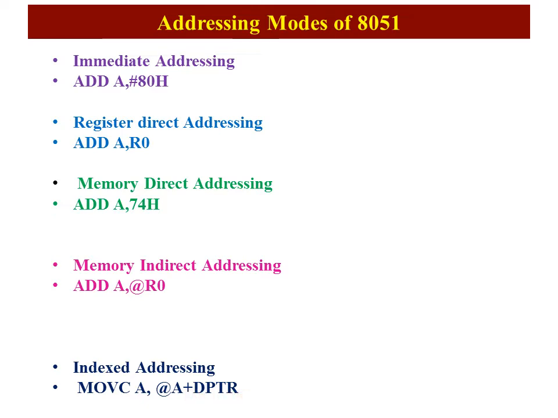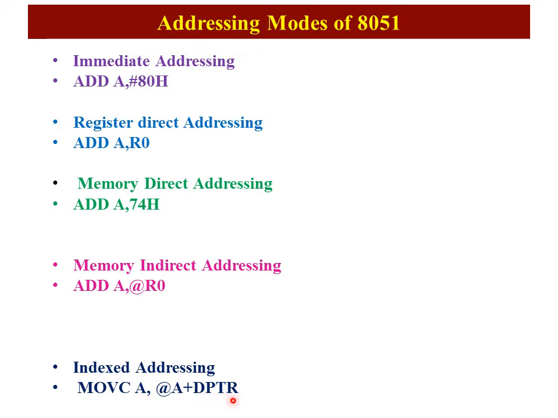DPTR is the data pointer register. In indexed addressing mode, the DPTR stores the base register information, like BX in 8086 addressing modes and 8085 addressing modes.